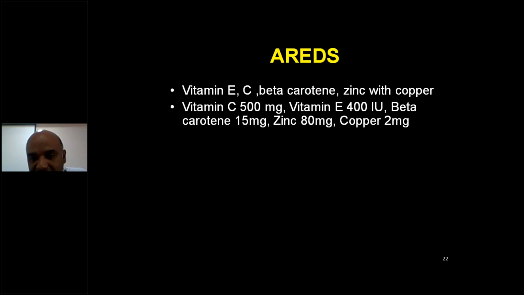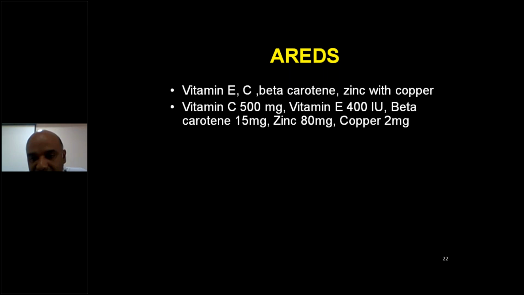Now, till now we have discussed management of wet AMD. For all the patients who have drusen, medical management is all that is left, or you can just give some tablets. What should those tablets contain? They should contain vitamin E, C, beta carotene, zinc with copper.